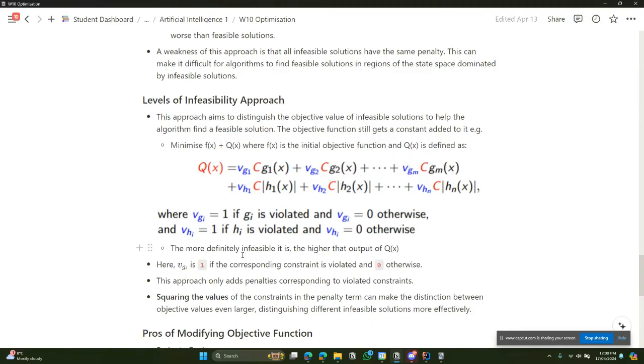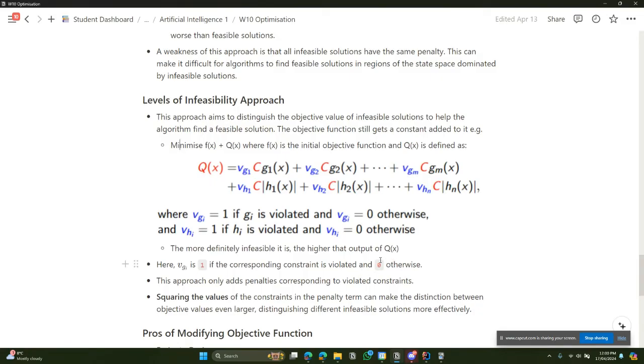In very complex problems, you'd have a lot of constraints, so you'd have a lot of values for q of x. Whichever constraints are violated, you put a certain penalty amount and add it to the value of q. If it's not been violated, you don't add it to q because you don't want to penalize it for something it hasn't done. So that's how this works.